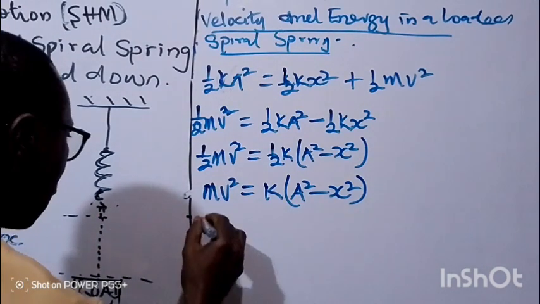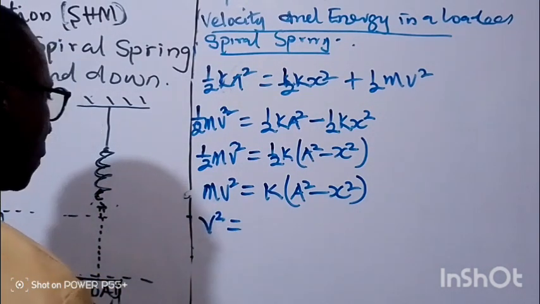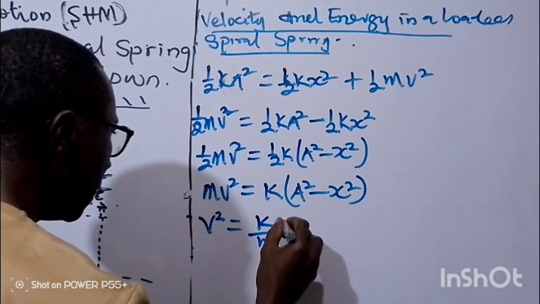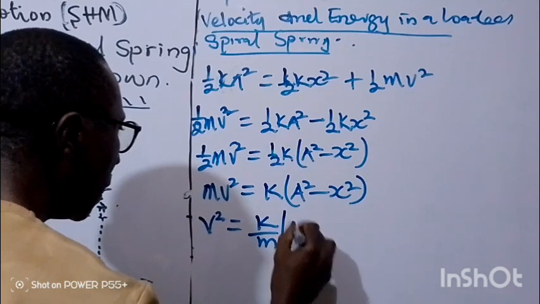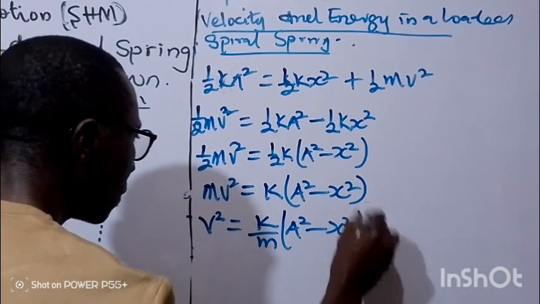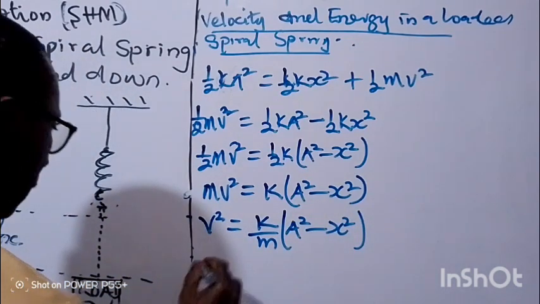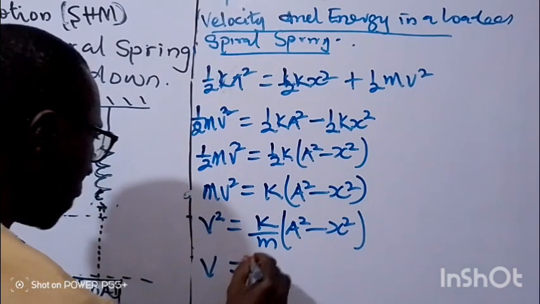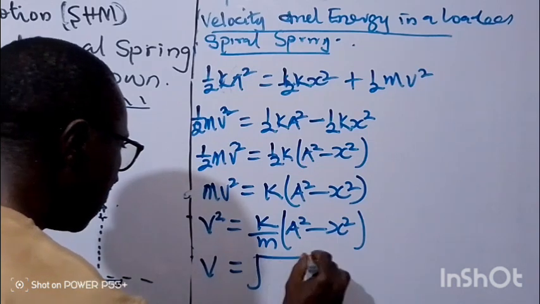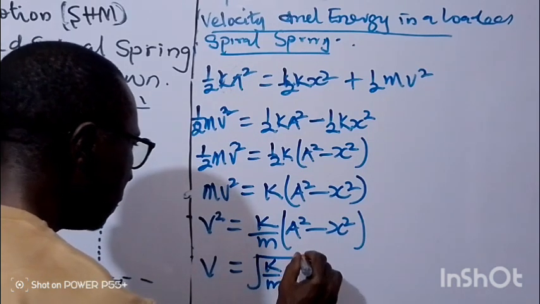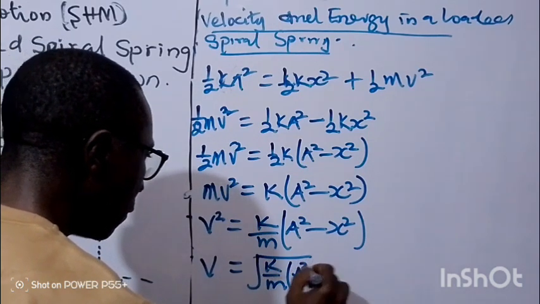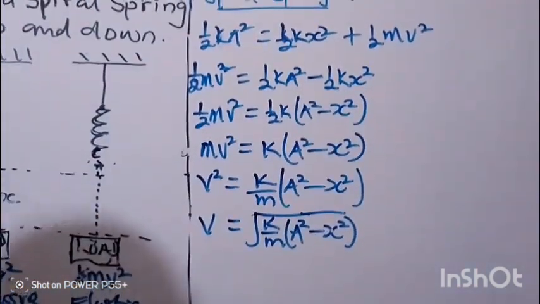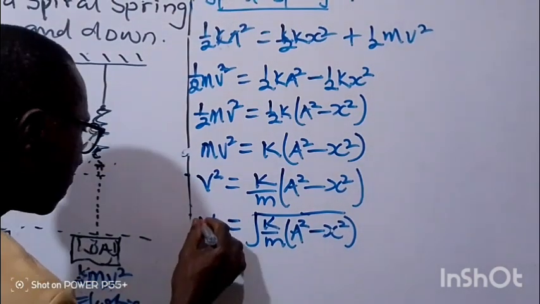We are going to have v squared equals k over m into a squared minus s squared. Then v, which is the velocity of a loaded spiral spring, will be equal to the square root of k over m into a squared minus s squared. So that will be the velocity of a loaded spiral spring.